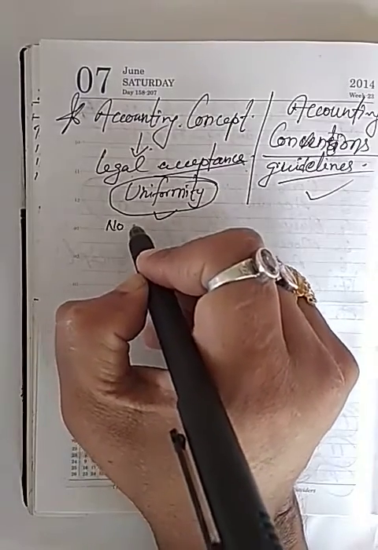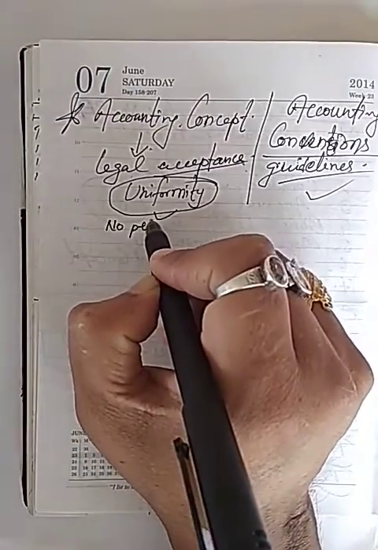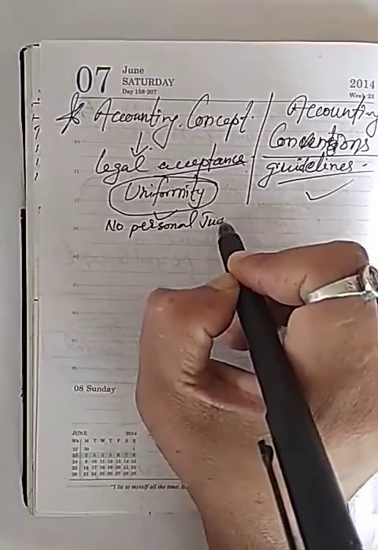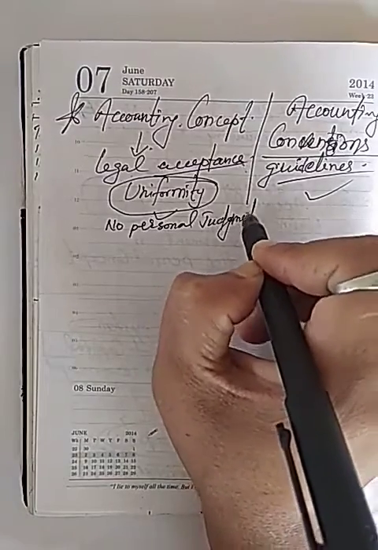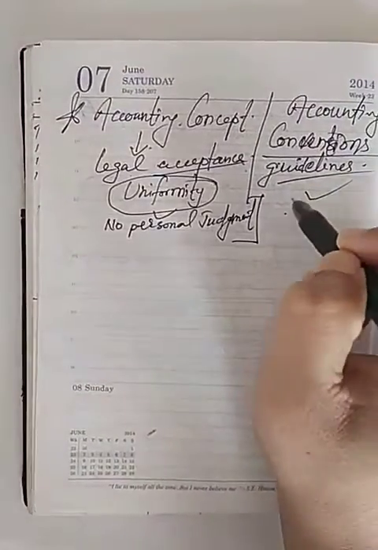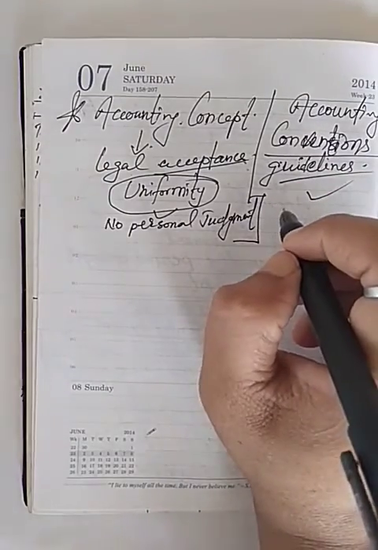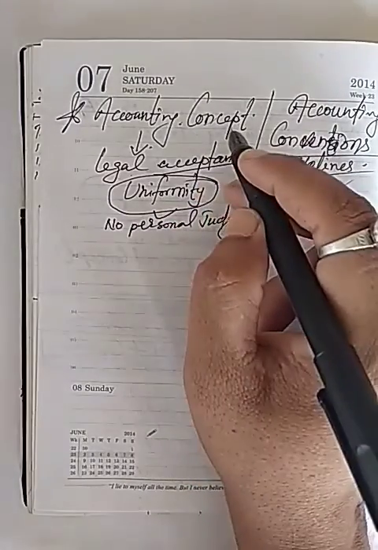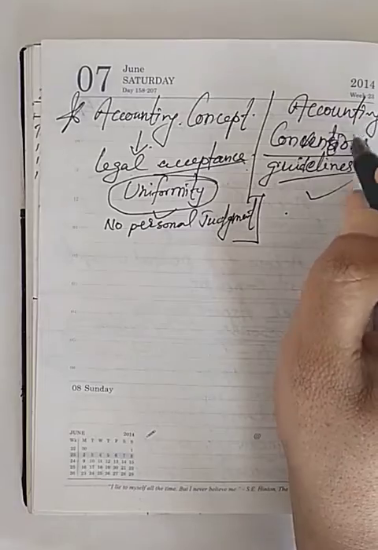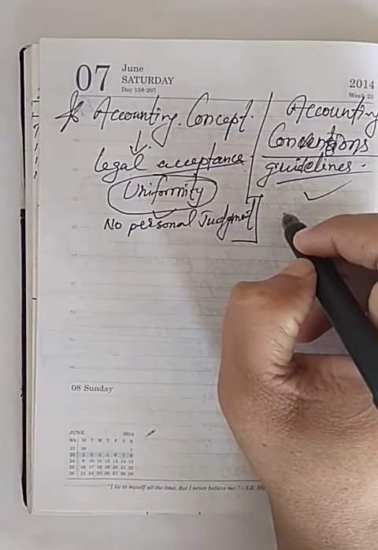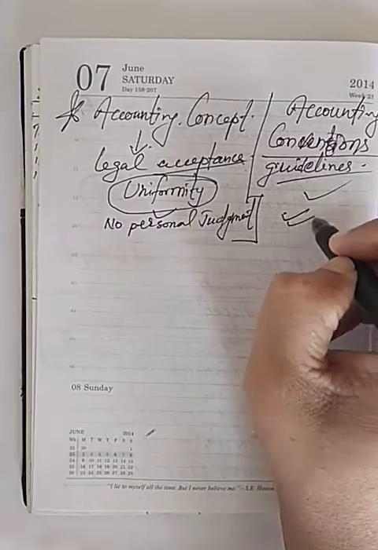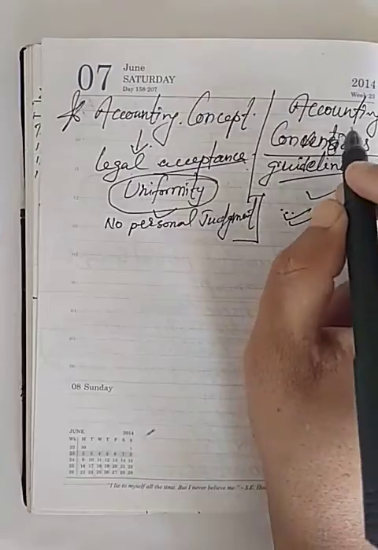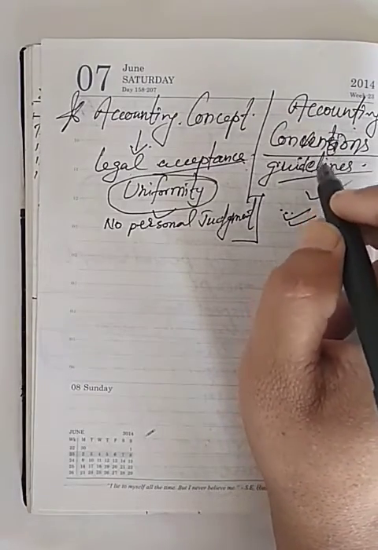No personal judgment follows the accounting concept, but a crucial role of personal judgment is involved in accounting conventions and guidelines.